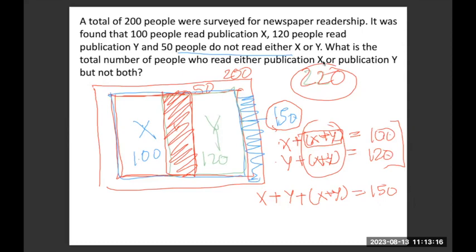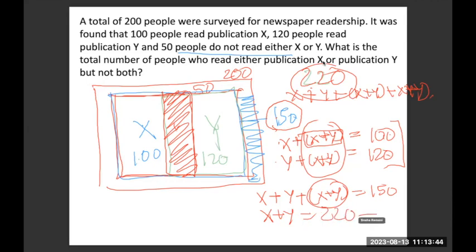So all I have to do is add this again. All I need is just one excess of it. So if I compare 220, which is only X plus only Y plus a combination of X plus Y plus another combination of X plus Y, I will say X plus Y, which is the intersection, will be equal to 220 minus 150, because I just have to find the value of that intersection number.